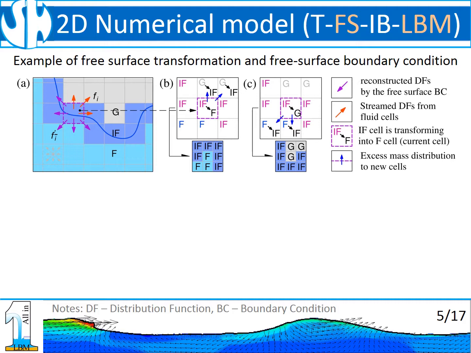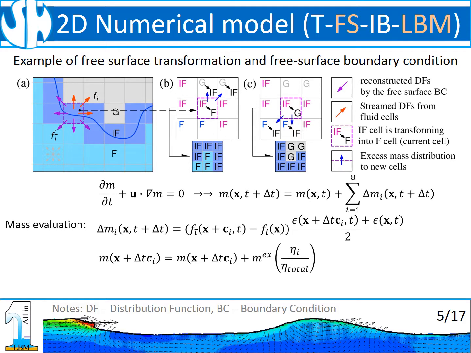I want to share a little about the free surface treatment in the lattice Boltzmann method. Free surface is represented by the transformation of interface cells with their mass evolution. On each cell, the mass conservation equation is discretized in terms of mesoscopic scale.